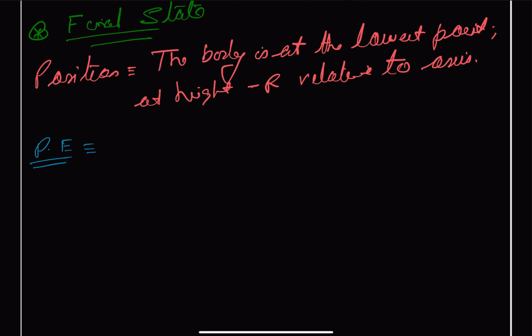So first of all, we are going to find out the body's potential energy. Body's potential energy, which is basically final, so we can say U final will be equal to mg minus of R, and this will be coming as minus 10 times R.